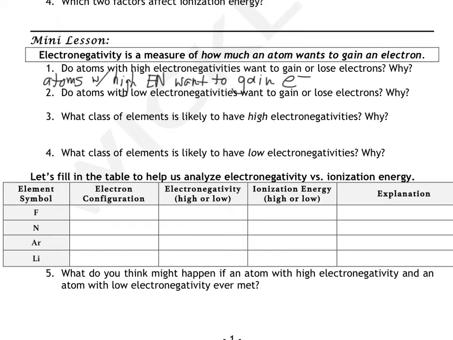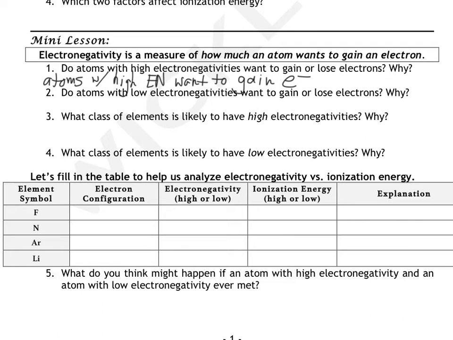So there's definitely no magic in this answer. The definition of electronegativity is a measurement of how much an atom wants to gain an electron. So elements that have high electronegativities want to gain electrons. Similarly, atoms with low electronegativities do not want to gain electrons. And generally, that also means they want to lose.